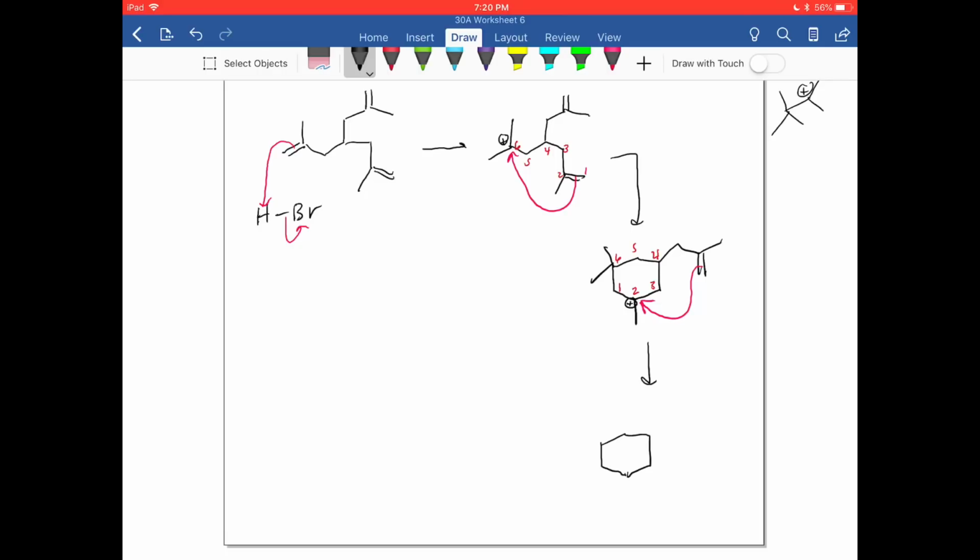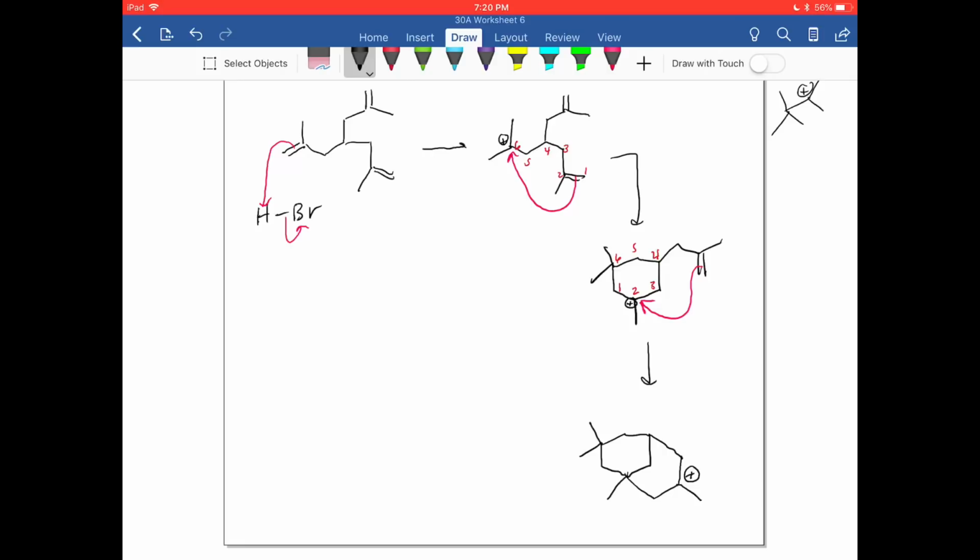So I'm going to draw my first ring structure intact. Then I'm going to draw my new ring structure coming off this way. And now my methyl group is going to be at this position. My other methyl group is right here. And now what I have is a positive charge right here.